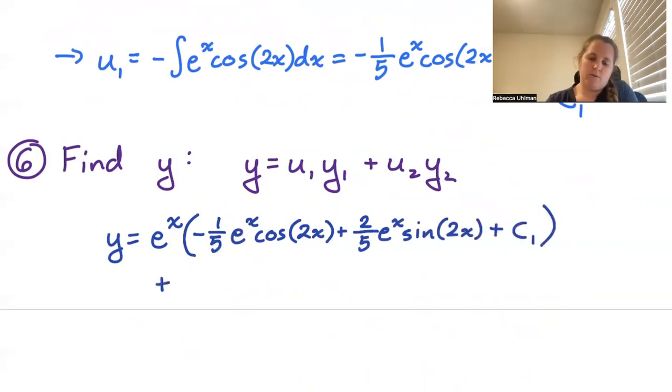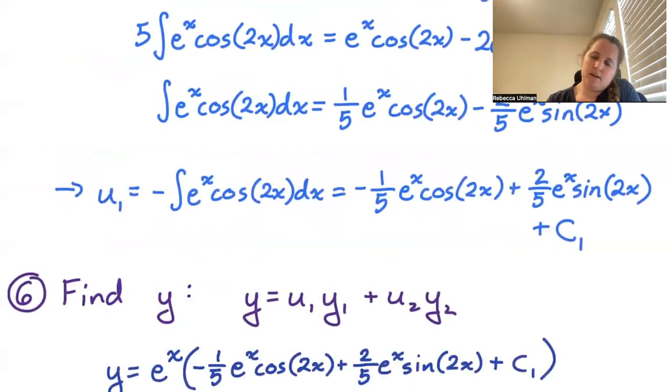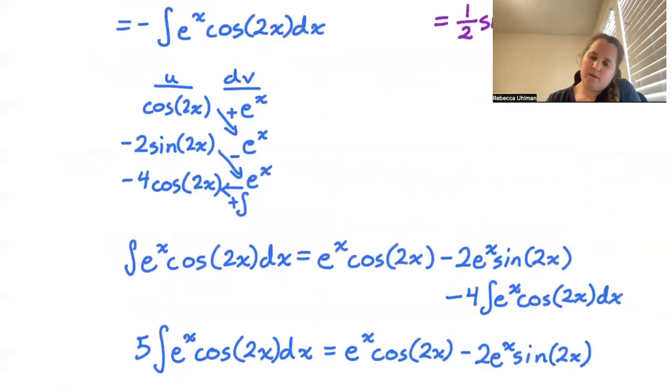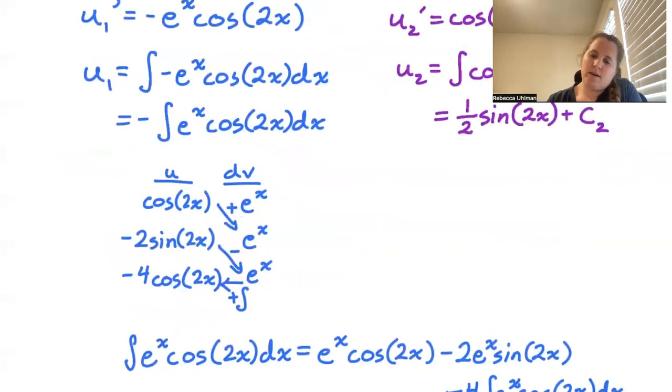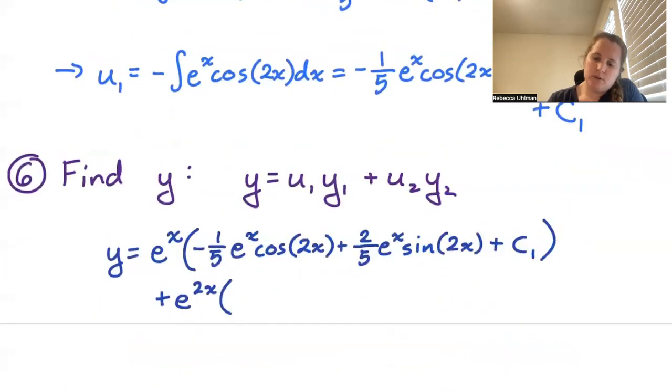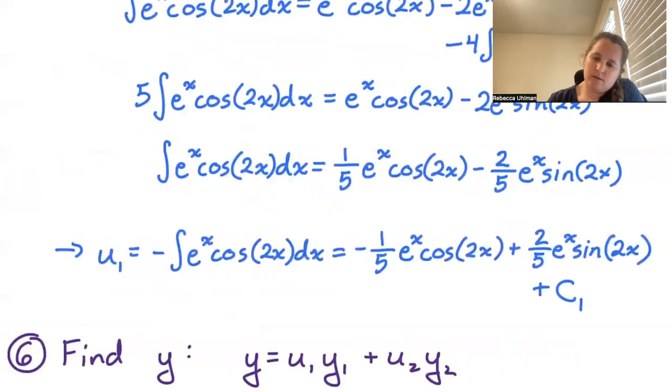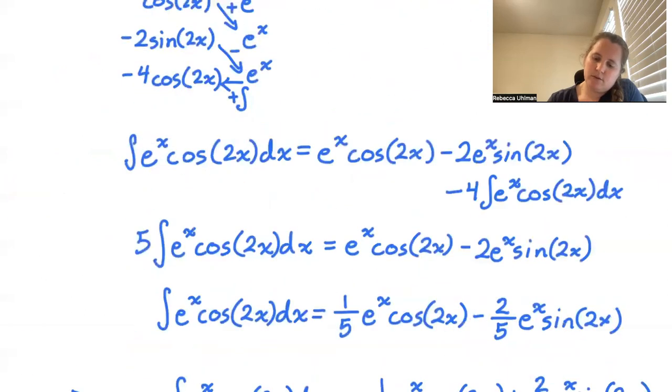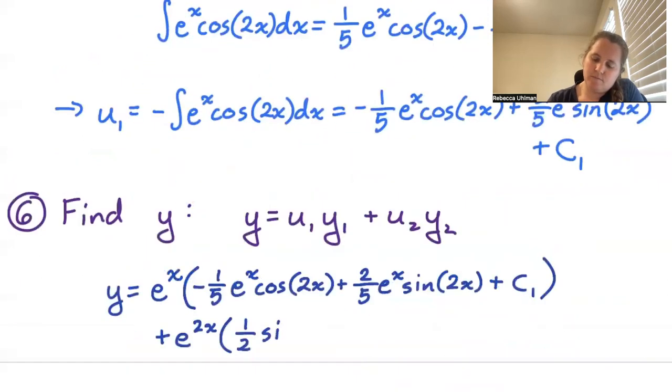And then y2 was e^(2x), and we had 1/2 sine of 2x plus c2.